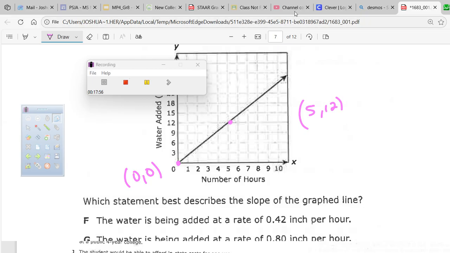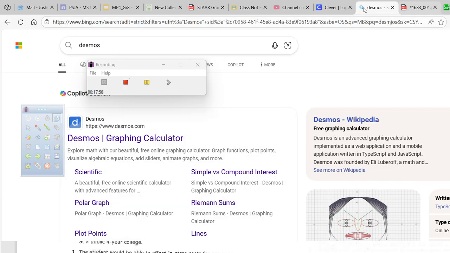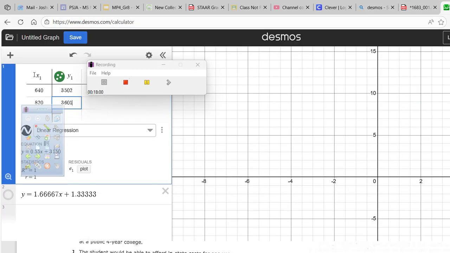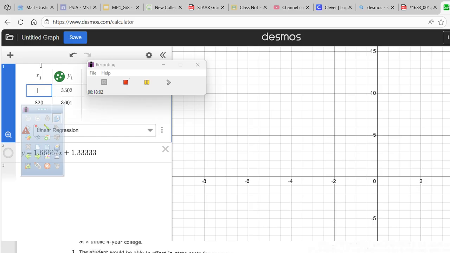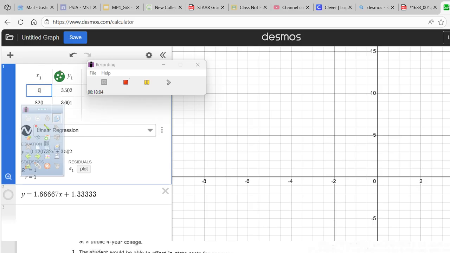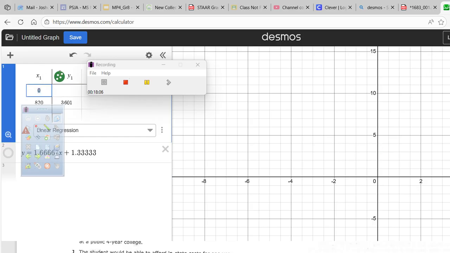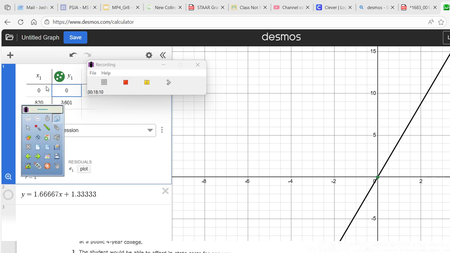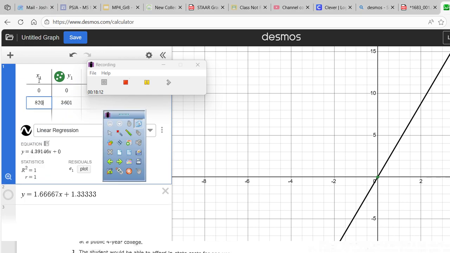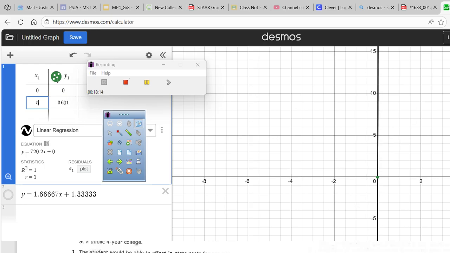So then I'm going to go back to Desmos. And remember, I do have it already. And I'm going to change it to 0, 0. And I believe it's 5, 12. Okay, and then there's my answer, 2.4x.